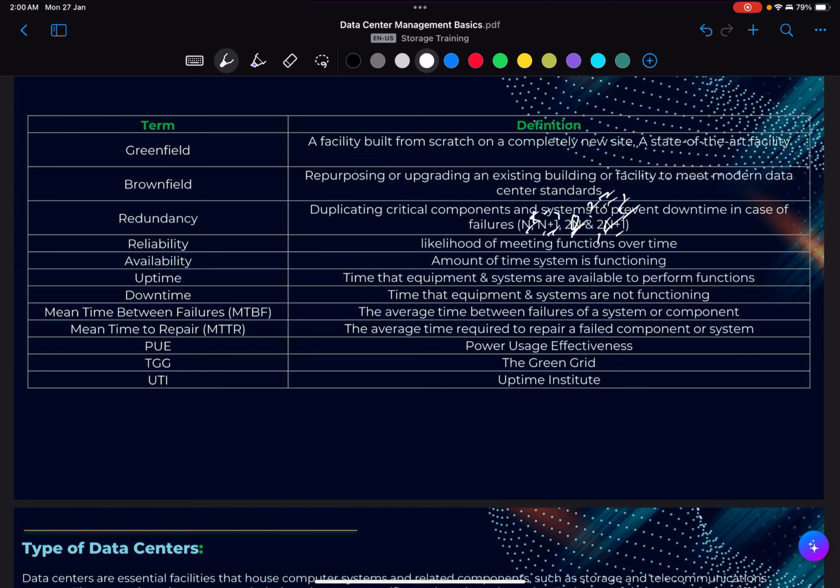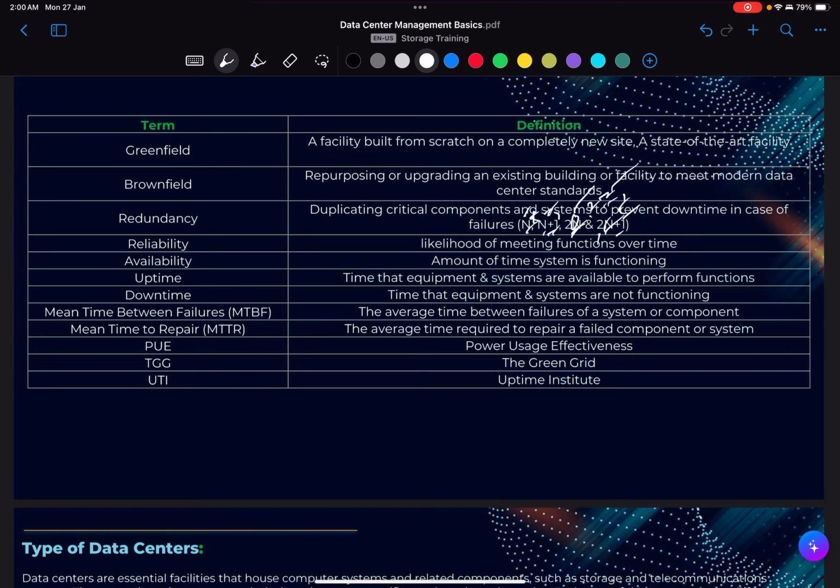So this is the kind of classification you have, and mainly you have tiers as well. So it is tier 1, 2, 3, 4, this kind of facility. We'll talk about this further on a later slide.